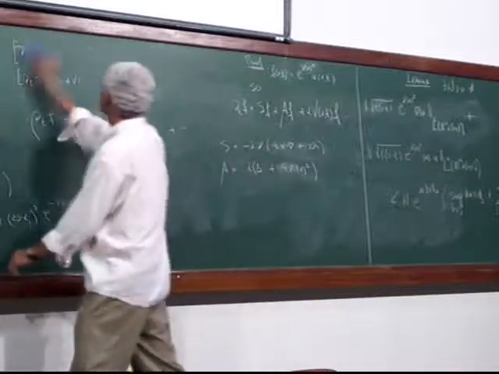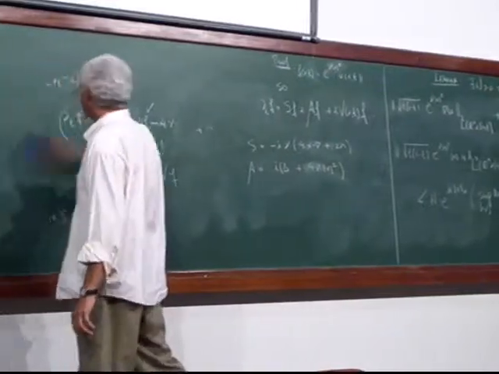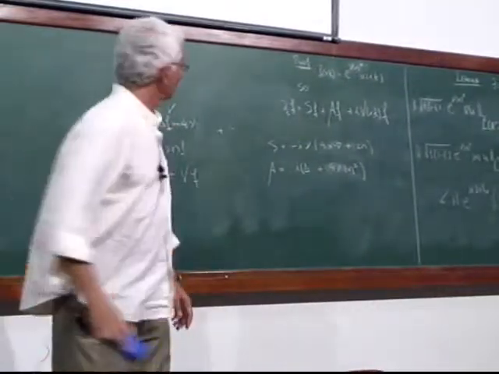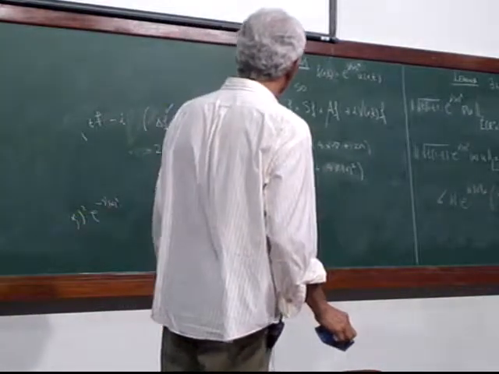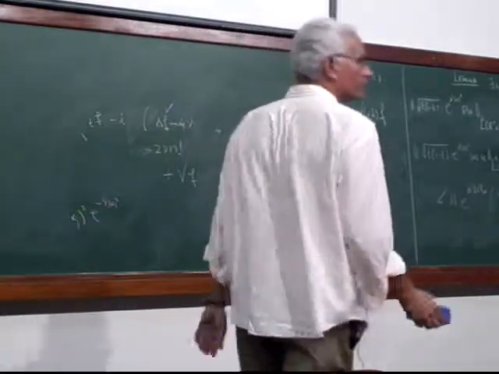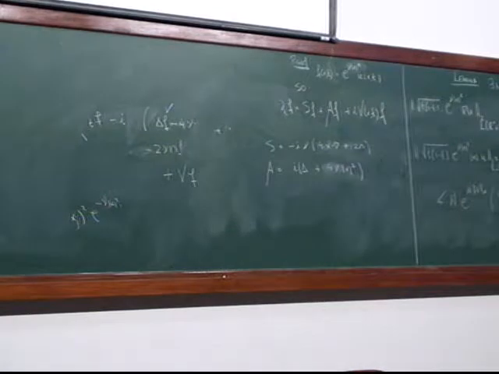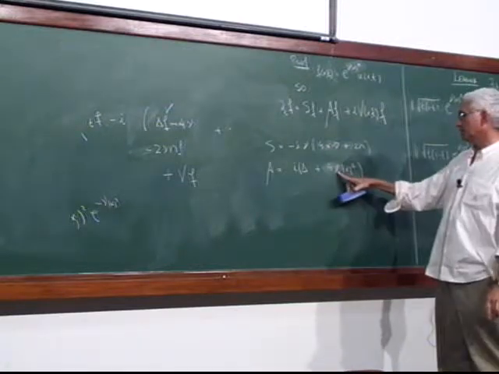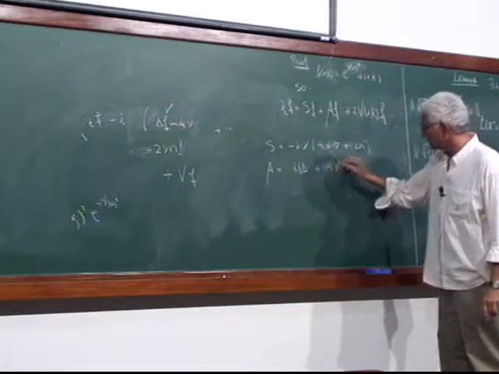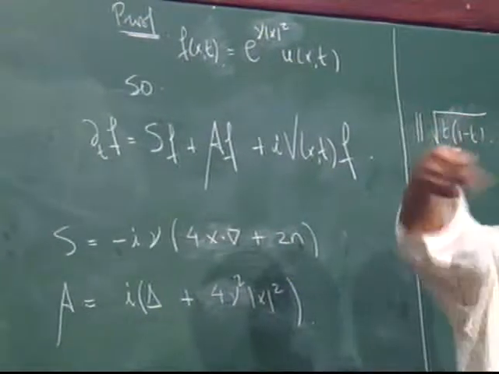Okay, it's a simple computation. Please. I'm sorry? Is it gamma squared? Okay. Is it okay? Yes, because it came out twice down.